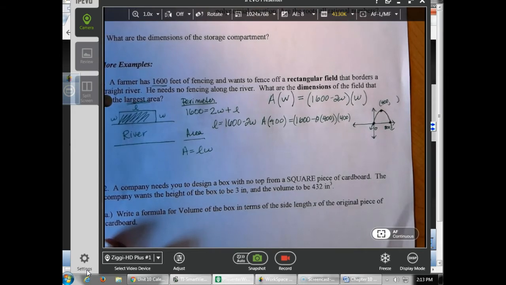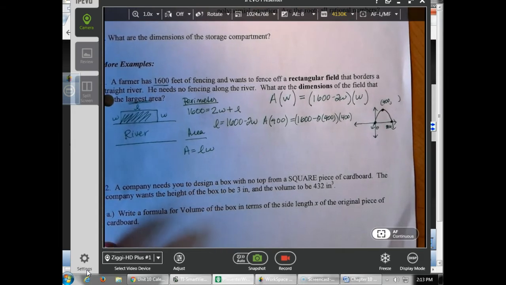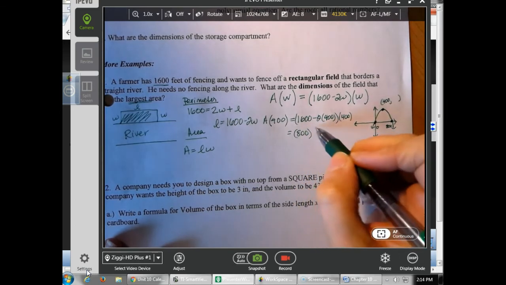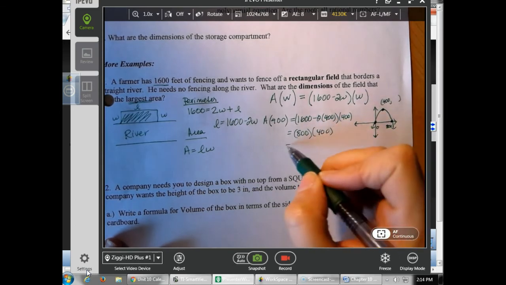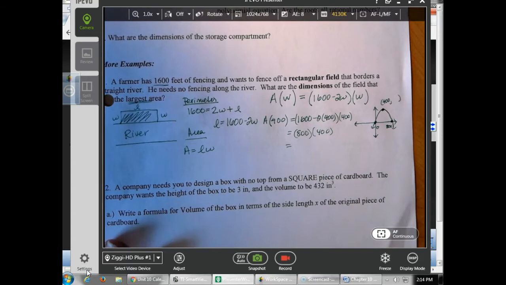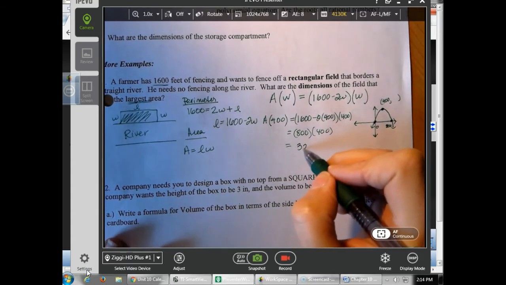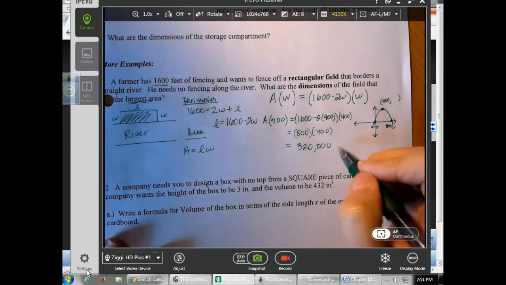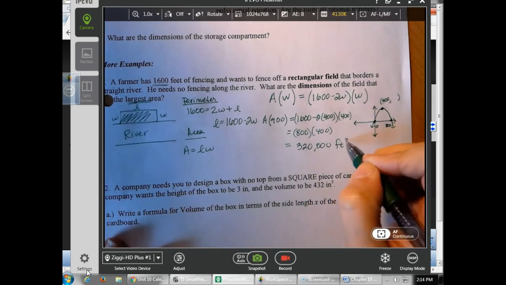Sorry about that, just double checking everything. I'm going to get 800 times 400, so it's going to give me a maximum area of 320,000, and this is given in feet, so it would be feet squared.